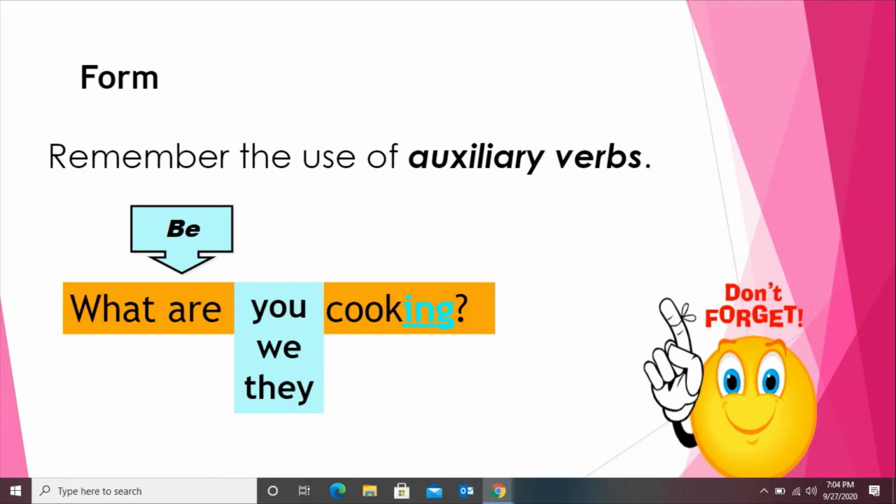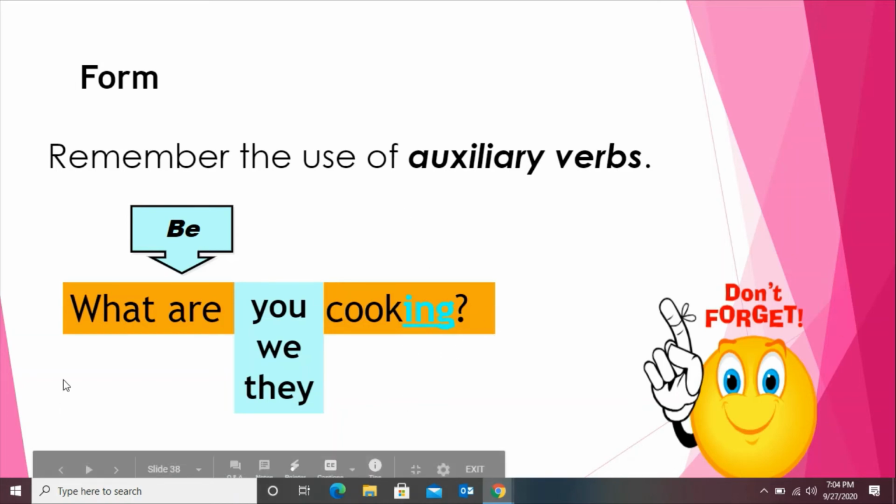What are they cooking? Now, most often, I don't like to say always, but usually we need to remember the ing at the end of the main verb, like I have it right here, when I'm using the auxiliary verb be, okay? Any of the forms. Just remember, they kind of go together.